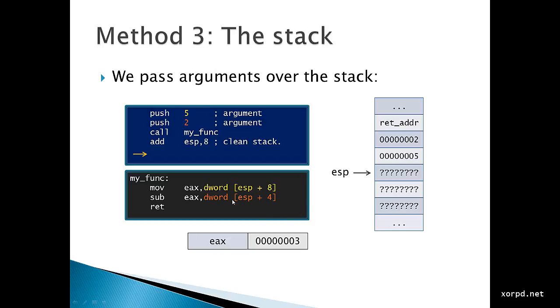I want to talk a bit about this syntax of ESP plus 8 and ESP plus 4. Let's go back for a moment to the time where this instruction was executed. At this point, we want to subtract the 2 arguments. Let's try to figure out how to do it without using this kind of direct access, which means, how could we do it only using pop and push instructions?